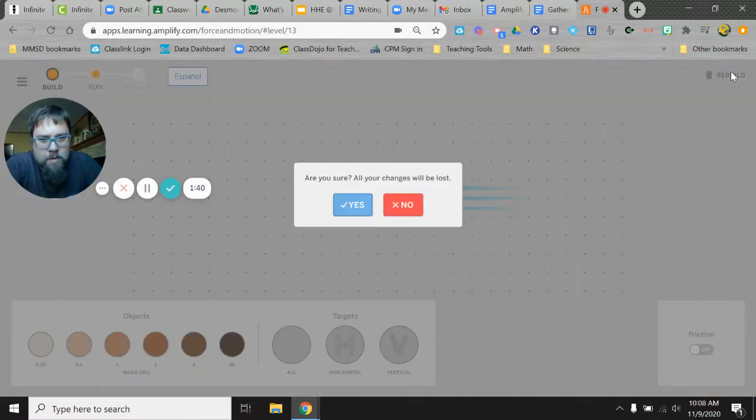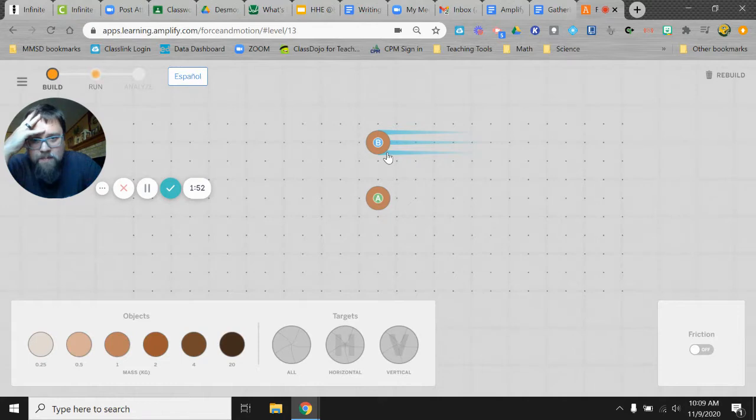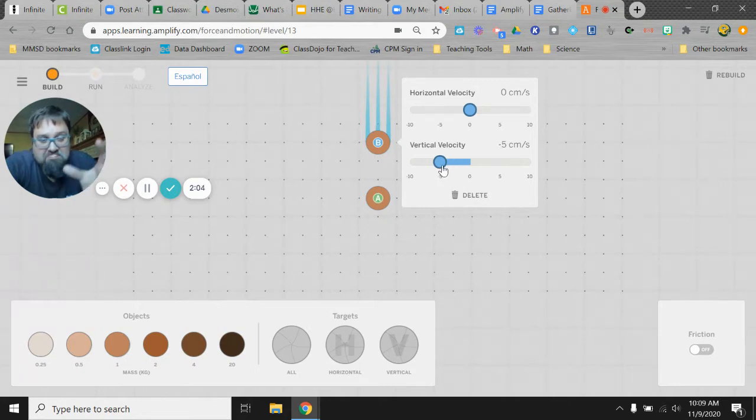I'm going to rebuild. So yes, I could say that you could send it horizontal to the left. But what if we moved object B and had some vertical velocity of -5 centimeters per second.